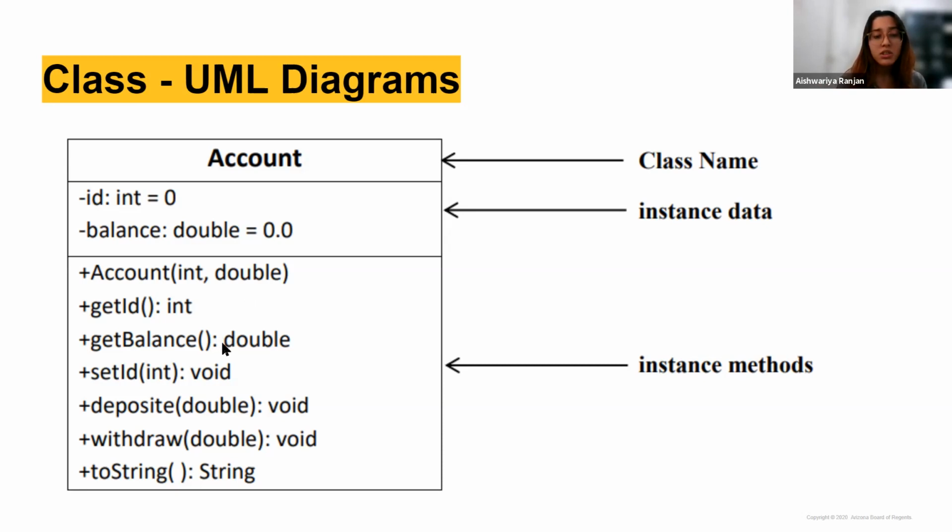And after the colon, you have a double or a void written. That is basically a return type. So set ID will return nothing, so it's void. Get balance, however, you're asking for balance. Basically, in the code, you'll be supplying the balance back to the user. So you're returning a value, and that is a double type value.